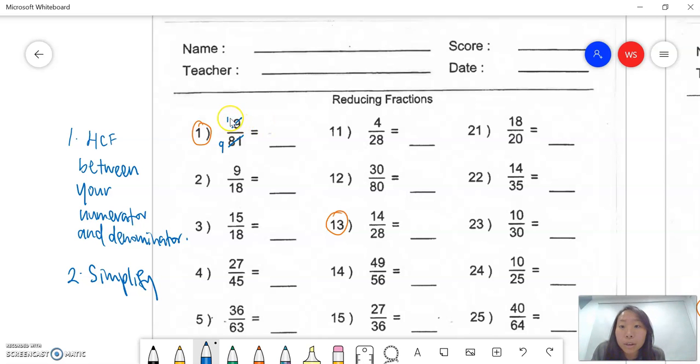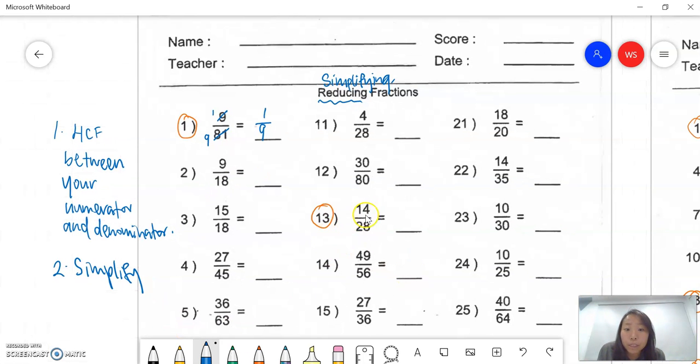If there are no other common factors between your numerators and your denominators, that will be the simplest form of your fraction as you reduce it. So 1 over 9 for our first one. When you see reducing fractions, this just means simplifying your fractions.